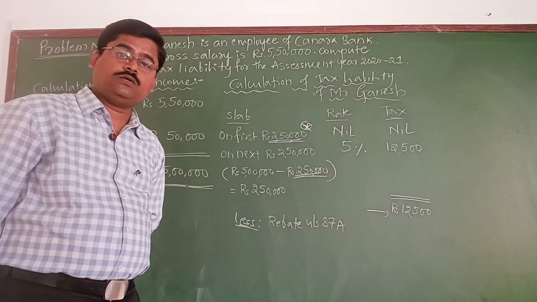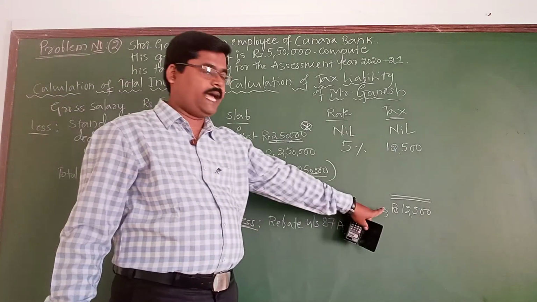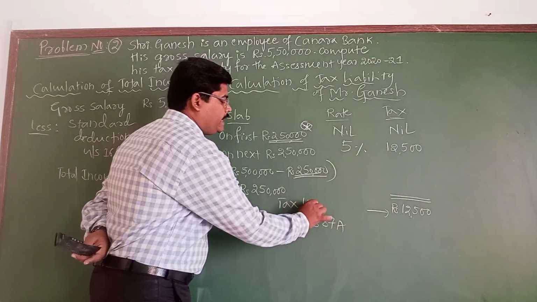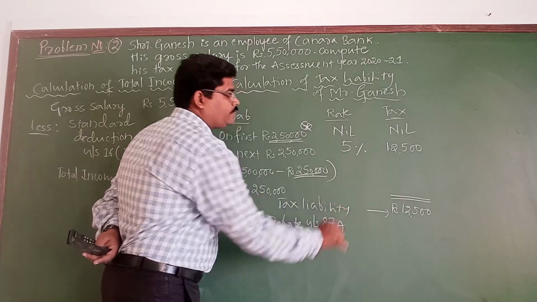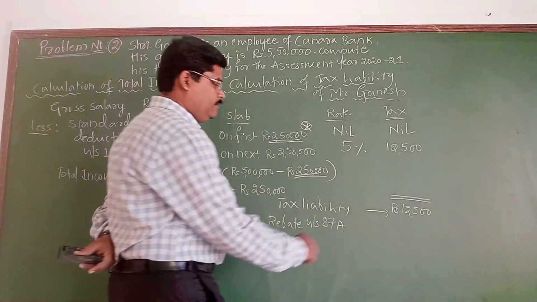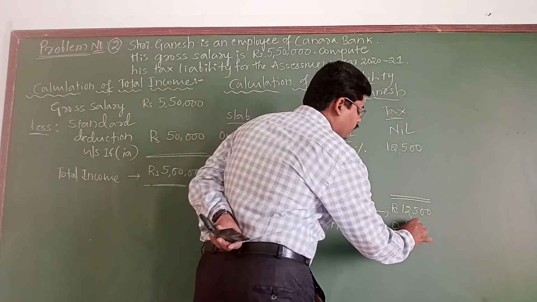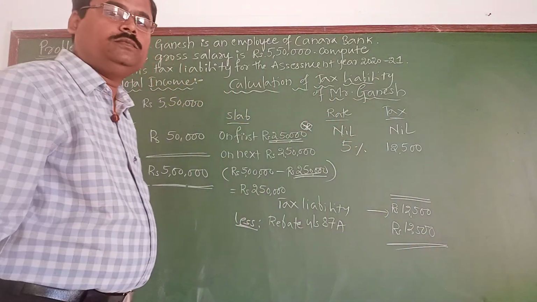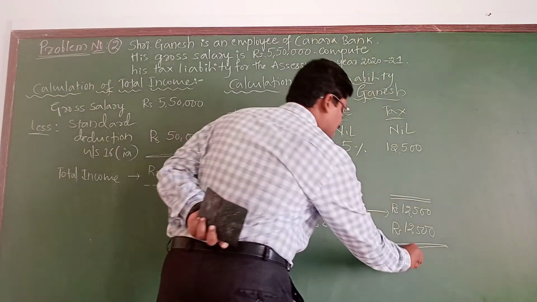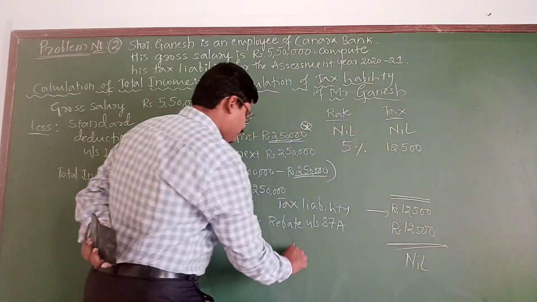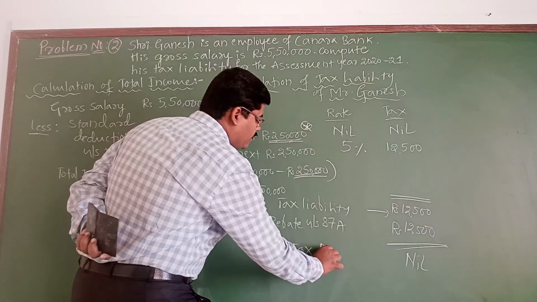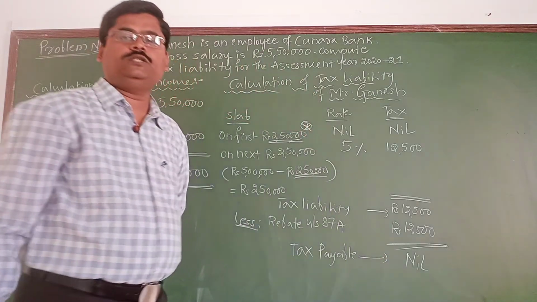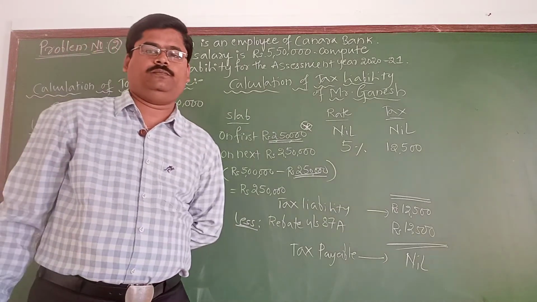Up to rupees 12,500. Now my tax liability is also 12,500 only. So I can claim the whole amount of 12,500. Now what remains? It remains nil. It means that the tax payable by Mr. Ganesh will be nil only.